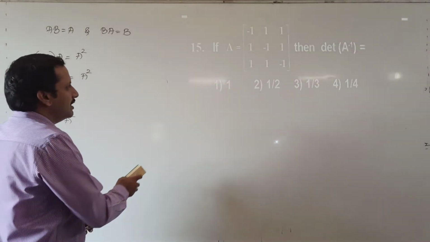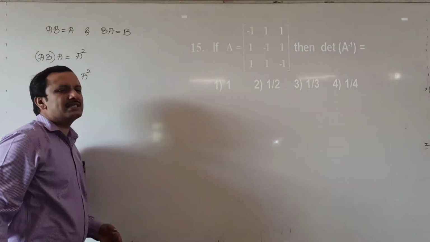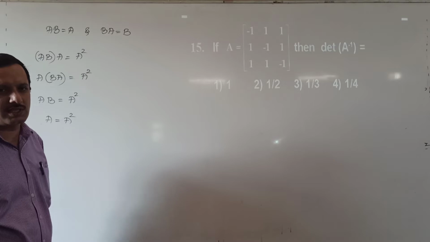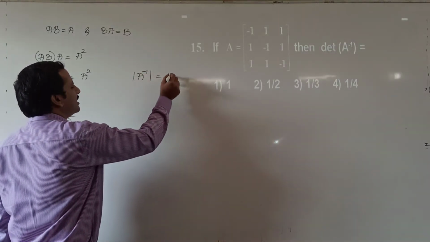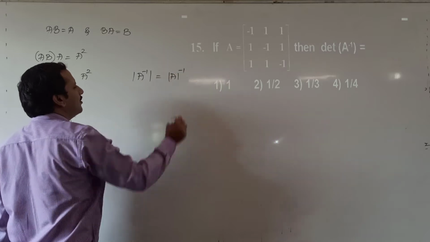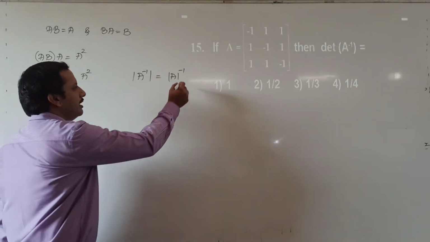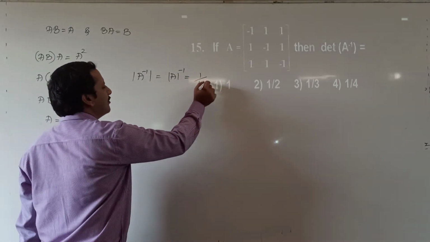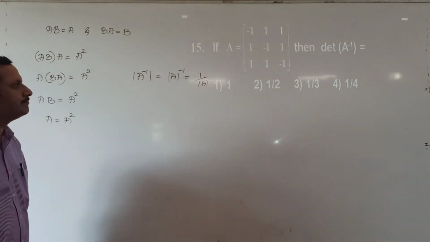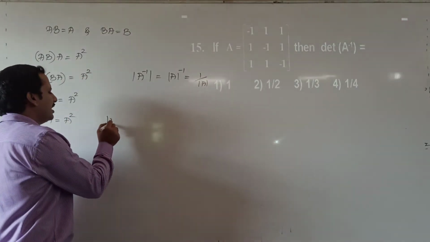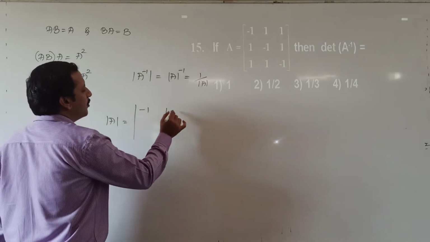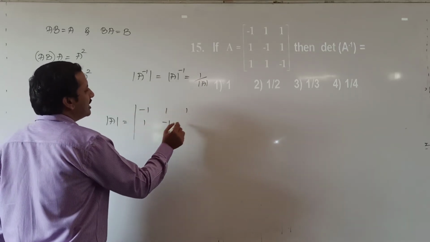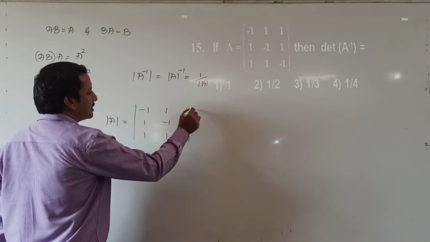Then 15th question. If A is equal to this matrix, then what is the determinant of A inverse, they are asking. You know this formula, determinant of A inverse is nothing but the determinant of A whole power minus 1, in other words, 1 by determinant of A. Okay. So let me find out what is determinant of A. Determinant of minus 1, 1, 1, 1, minus 1, 1, 1, 1, minus 1.